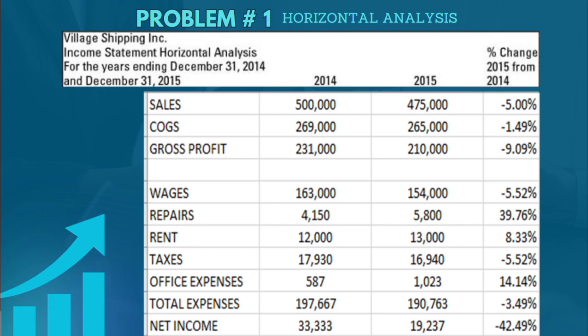They have 197,667 pesos total expenses in 2014 and 190,763 in 2015. They have 33,333 pesos net income in 2014 and 19,237 net income in 2015.